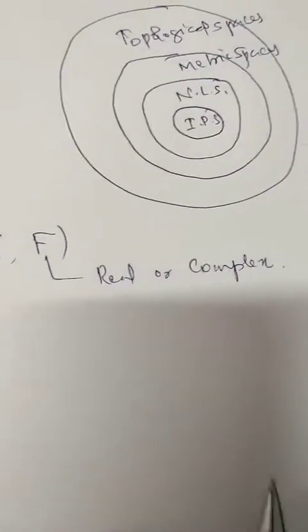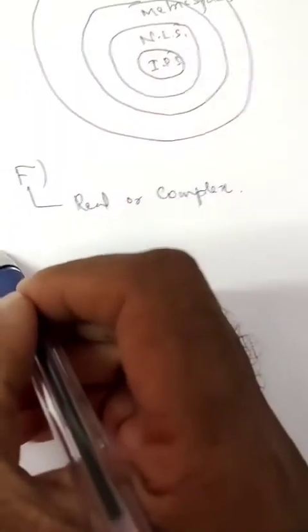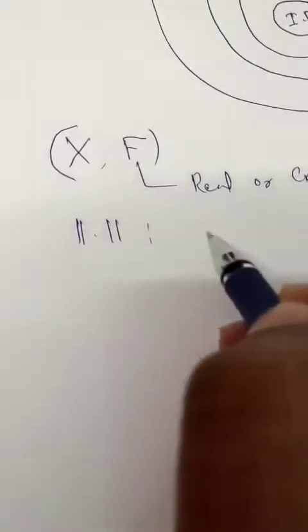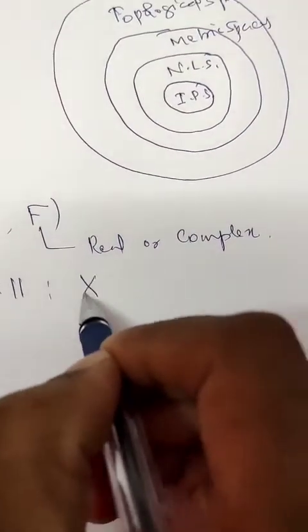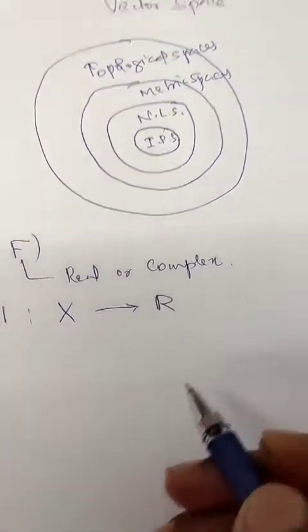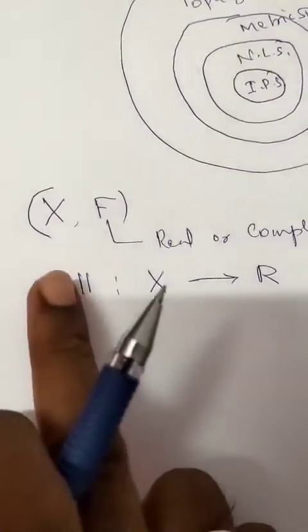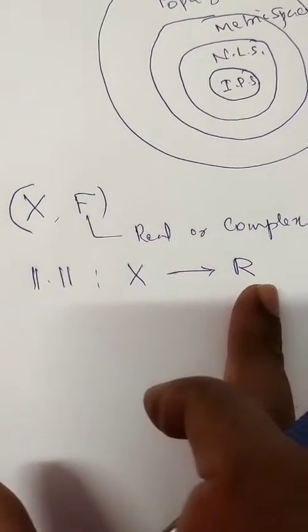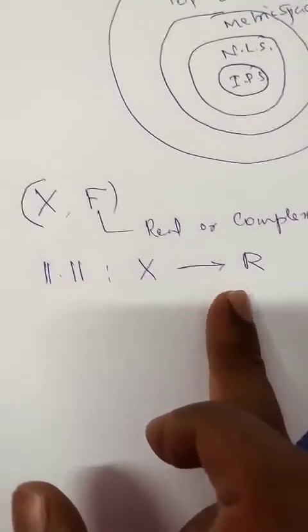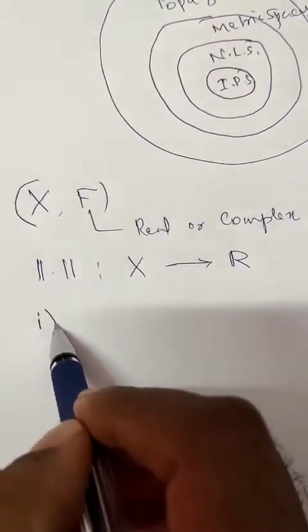Now suppose X is a linear space and a function, denoted by the norm symbol, goes from X to the reals. As I said, it is a real valued function because it is the generalization of the length of a vector. So the norm is a real valued function defined on the vector space X such that it satisfies the following conditions.